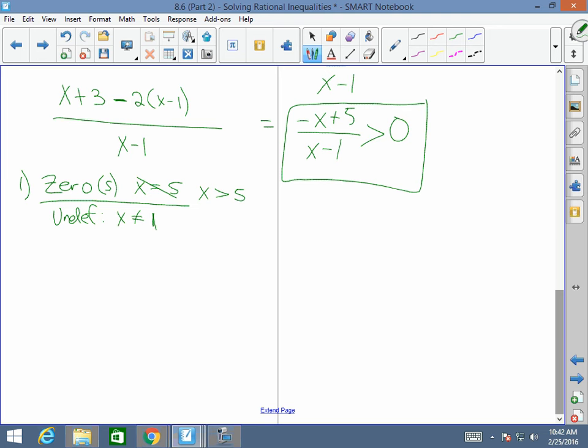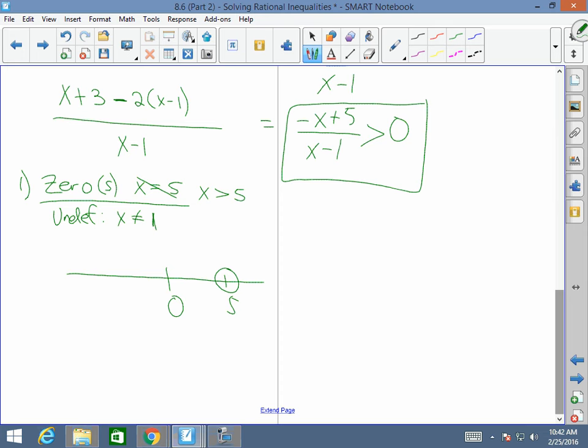So we're going to use open parentheses with it, right? And actually, let's be fair. X can be greater than 5 or maybe even less than 5. It's just not equal to 5. So now let's do our intervals. I got my 0, I got my 5 with an open circle.